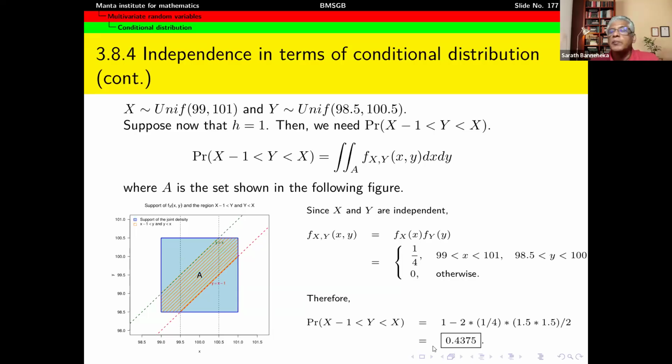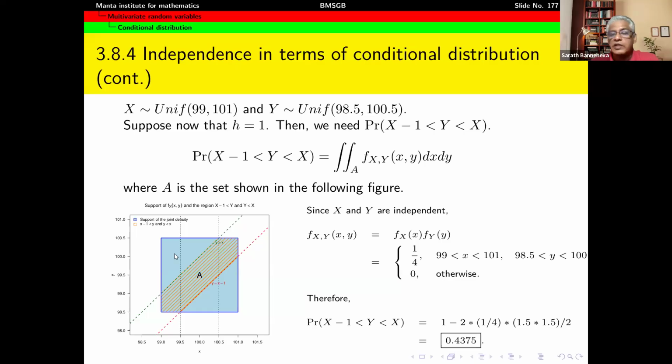So that is the method that I have used here. So the probability that y is between x and x minus 1, where this x is also a random variable, notice that, is equal to 1 minus twice the height of the joint density times the area of a single triangle here.